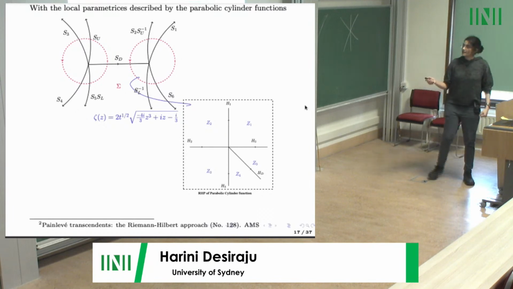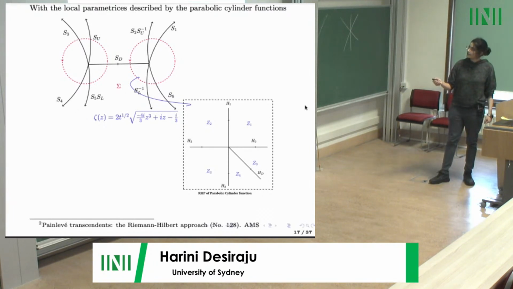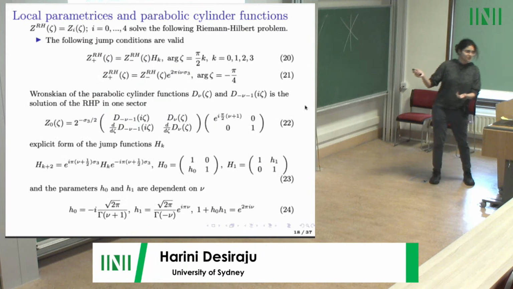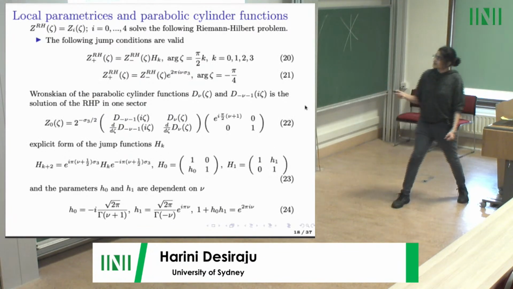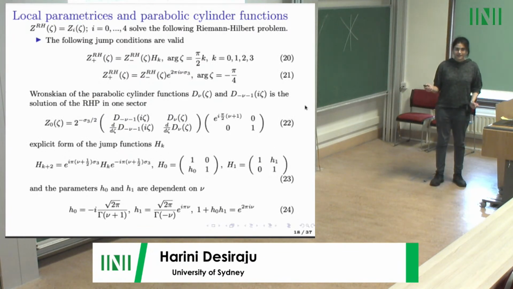What this means is that there is a map from the piecewise functions that are completely defined in terms of parabolic cylinder functions to the piecewise functions inside here. That is given by this one. It looks a bit daunting, but the main thing to understand is that there is a nu. D nu is the parabolic cylinder, and Z0 is given by some Wronskian of the parabolic cylinder.